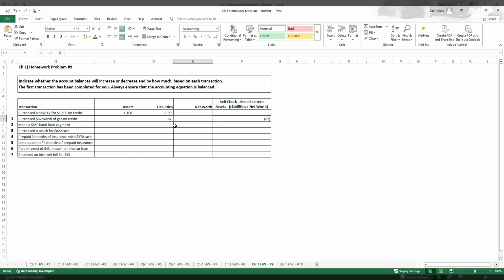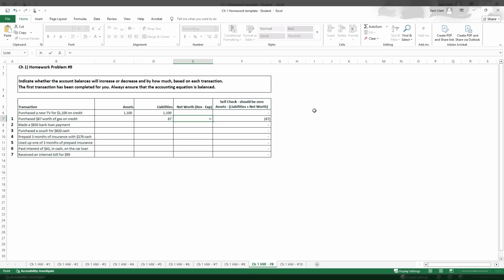And so net worth, maybe I'll just put a little comment, parentheses here. Remember, that is our revenues minus our expenses, basically, is how we're going to get to net worth.